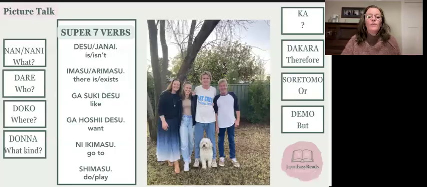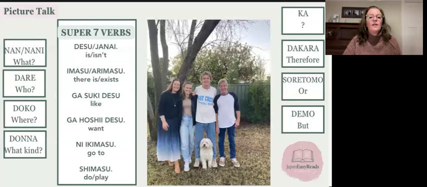We're at home. So using the Super 7, when I think about how to approach picture talk, I always remind myself, okay, how can I use the language that is going to be the highest frequency? So how can I say what I want to say using, for example, only the Super 7 verbs?